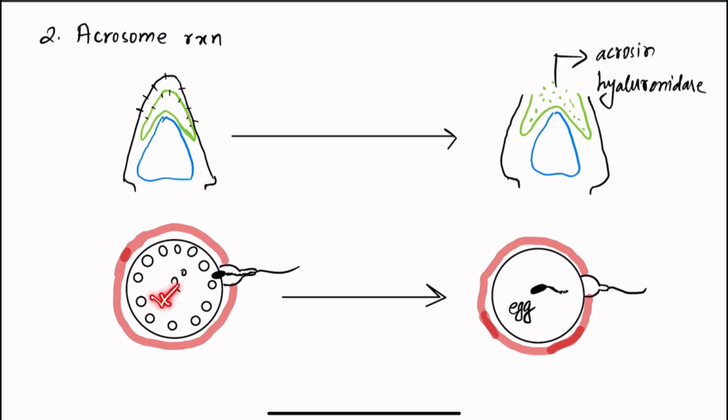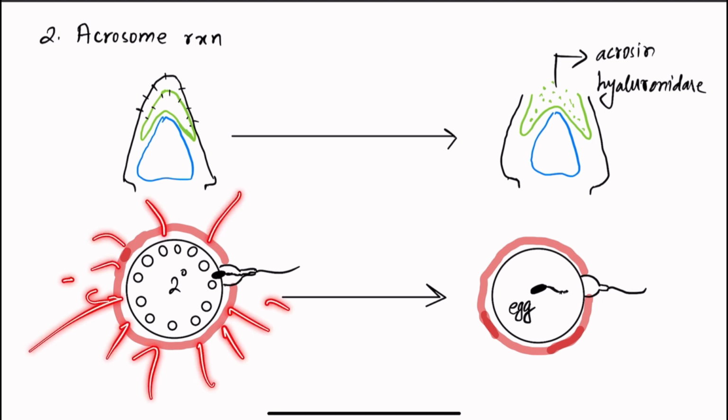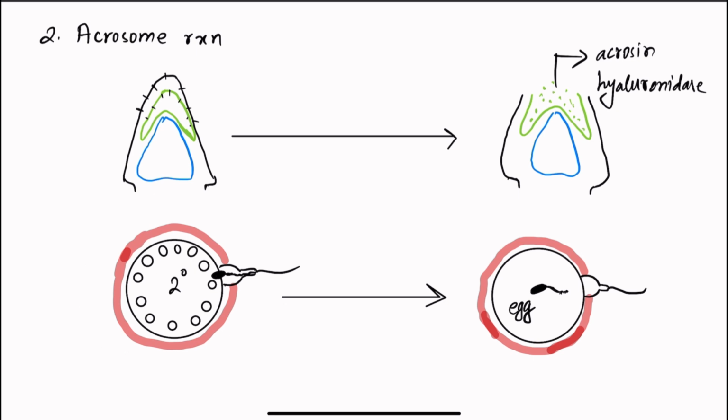So here's the secondary oocyte, and it is surrounded by the zona pellucida. The sperm has penetrated through the corona radiata after going through the process of capacitation, and the sperm gets attached to the ZP3 protein. After the sperm gets attached to the ZP3 protein, it also undergoes the acrosome reaction, during which attachment points are created both on the plasma membrane and the acrosome membrane, where the two membranes attach with each other, forming various pores.